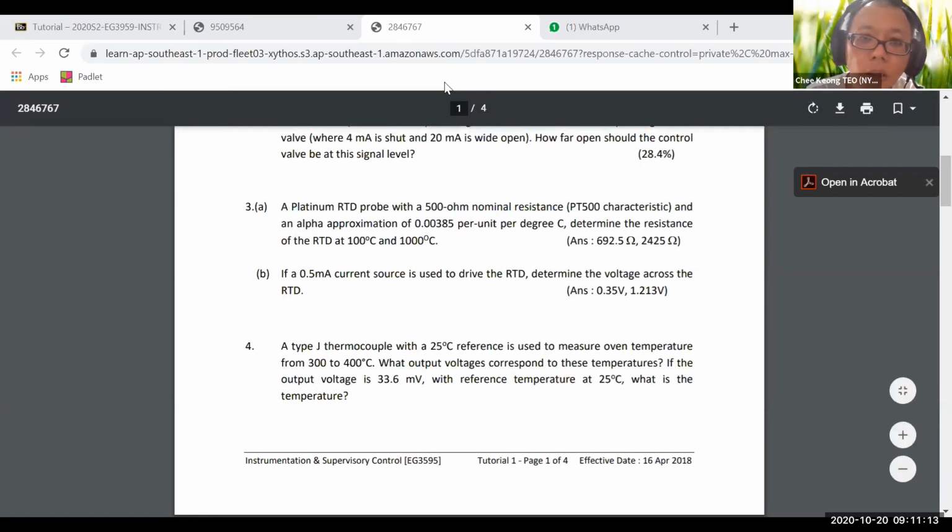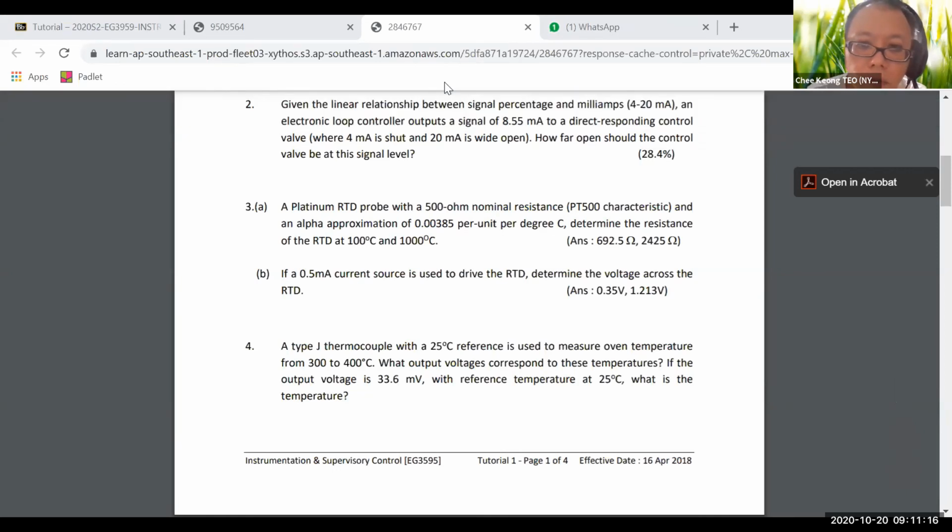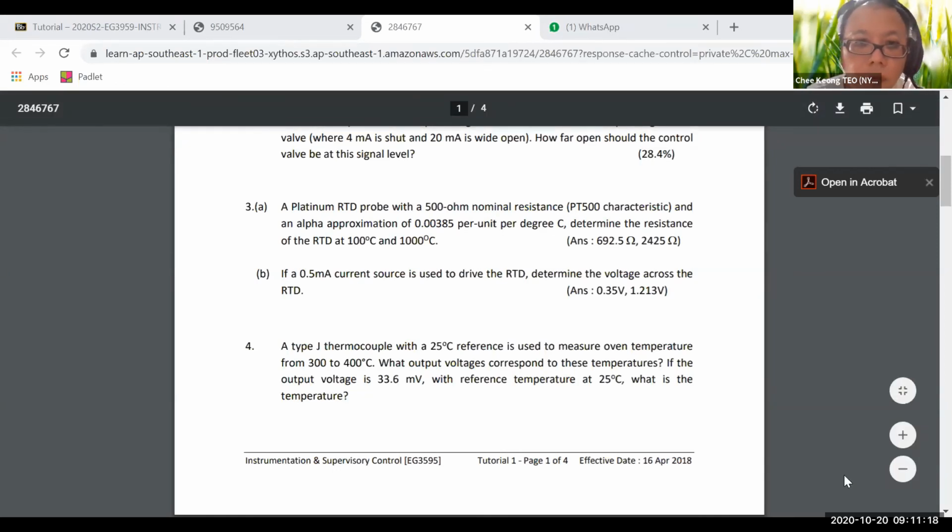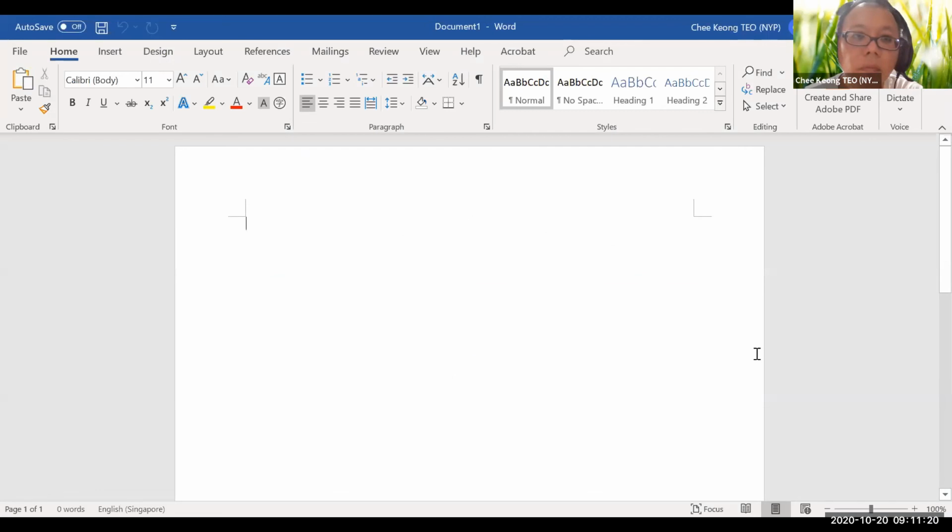If you go to the Word document again, where is my screen for writing? Just now my screen for writing disappeared. Let me stop share and share again.